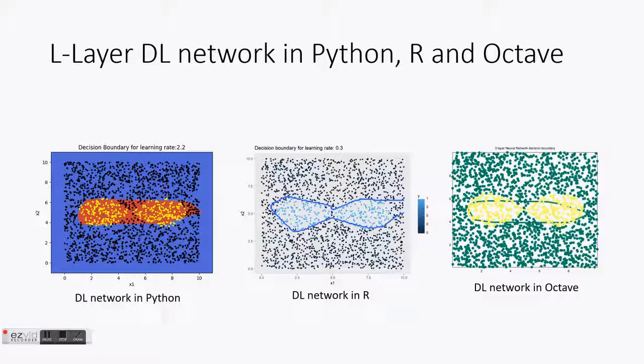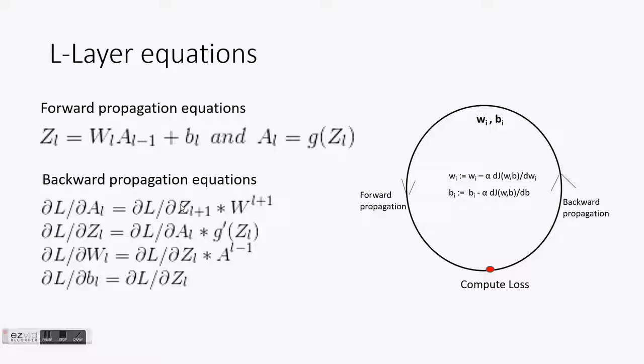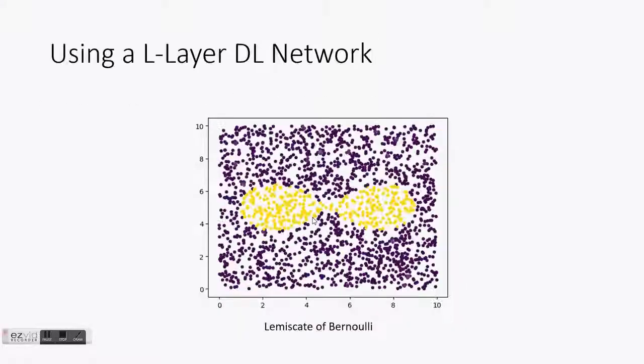So by properly choosing these hyperparameters, we can get very good performance of the deep learning network. I will be discussing how to tune these hyperparameters in a subsequent lecture, but for now these three examples show how you can use a multi-layer multi-unit deep learning network using the generalized equations, which can be easily implemented using any of the languages like R, Python, or Octave.